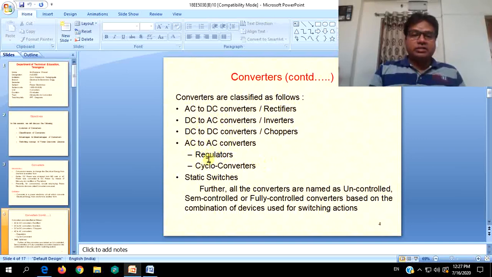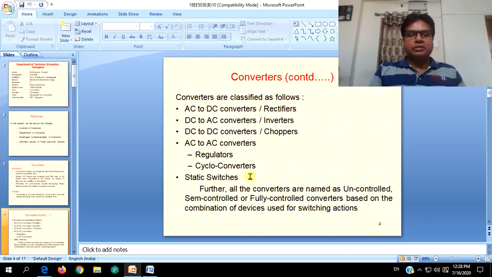Last but not least, which is entirely different from the other converters, is static switches. Static switch, as the name indicates, it will be just acting as a static switch which will not be converting anything other than to divert the path from main supply to backup supply, or backup supply to main supply when main supply is re-established.